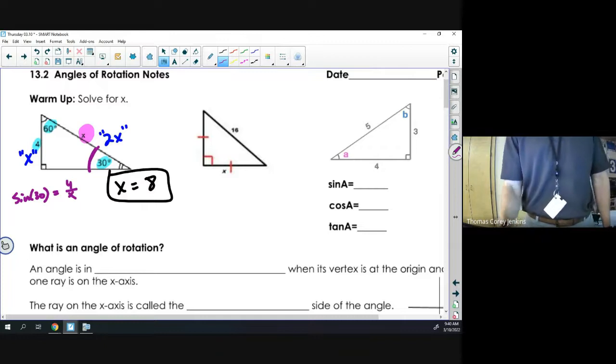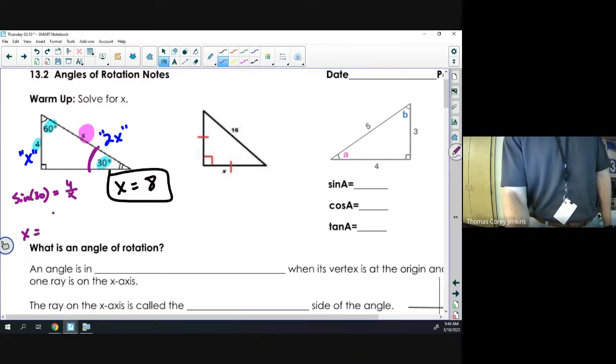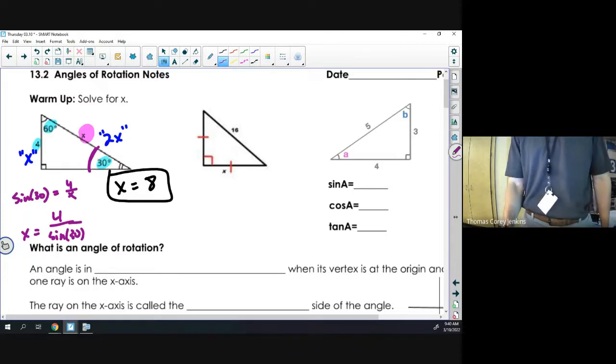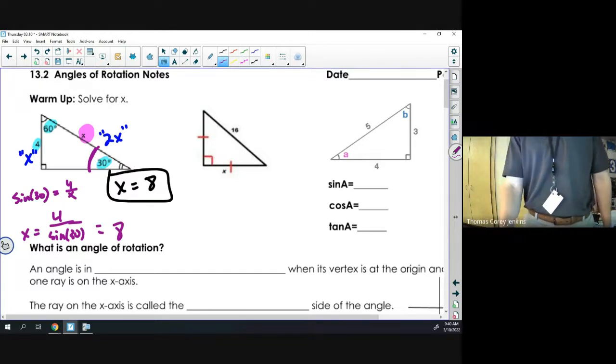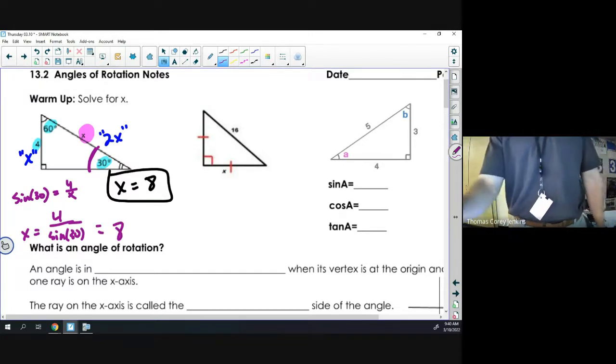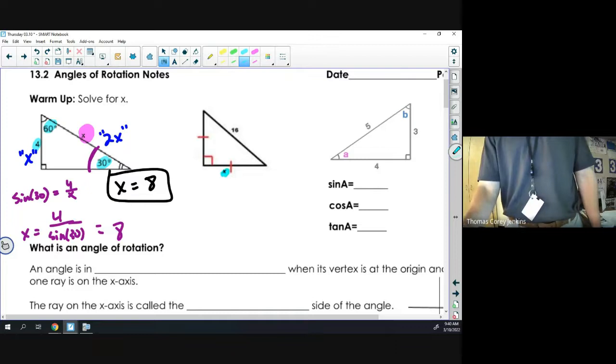Then in your calculator, you could type 4 divided by sine of 30. That's also one of those things that you'll be asked to remember: sine of 30 is 1/2. But anyways, 4 divided by 1/2 would give you 8 as well. All right, so one way or the other, you try to solve for x on the next one.